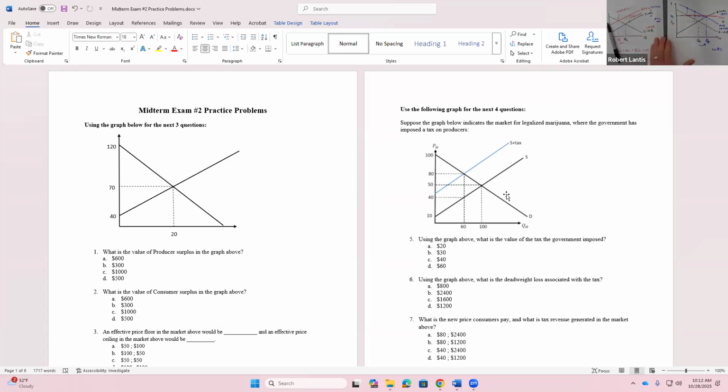The only problem is if we don't make the consumers internalize this additional benefit, what would a price floor actually do? Well, for consumers, anybody past this point, what's true about the marginal benefit relative to the consumer's marginal cost? The price they pay. So every point here, for the consumers, the marginal benefit is below the new price.